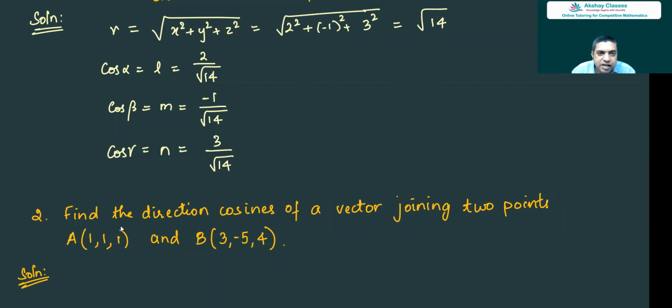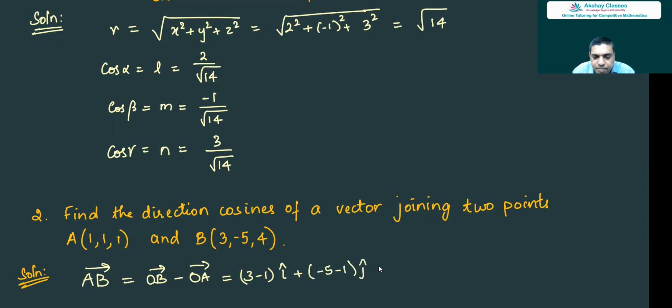So first AB vector. AB bar will be the position vector of B minus position vector of A. So this is 3 minus 1 i cap plus minus 5 minus 1 j cap plus 4 minus 1 k cap.